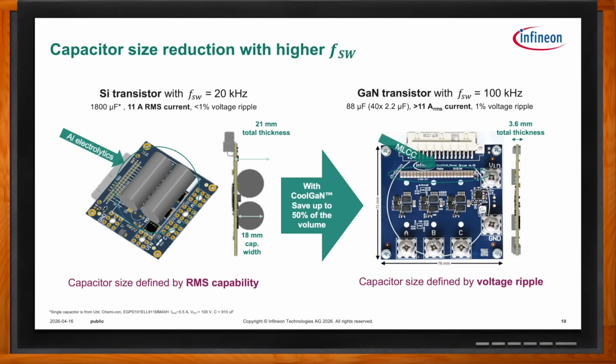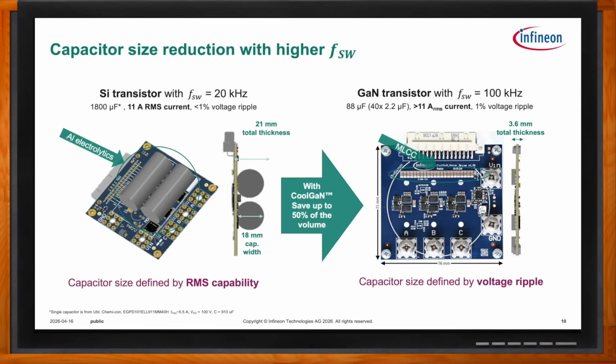But in this slide, what I want to focus on is look at the size of the capacitor bank. I've now shrunk these using multi-layer ceramic capacitors. It's gone from 21 millimeter total thickness to 3.6, right? And in this case, I can do that because the ceramic capacitors are much more capable of handling high ripple current.